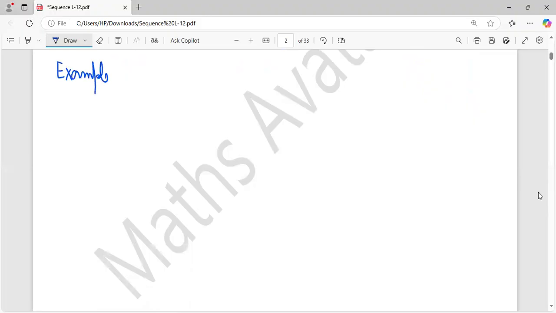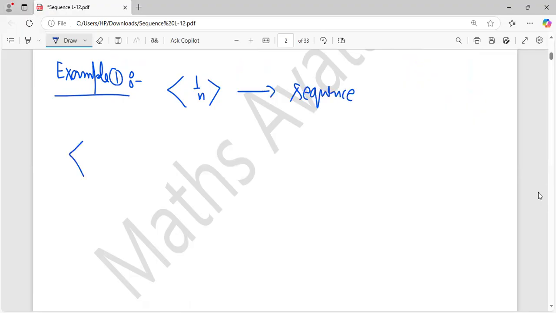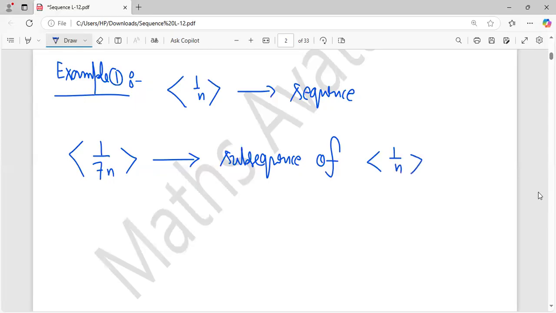Example 1. I am taking this sequence. If I take 1 upon 7n, then you see that this is a subsequence of this sequence. If I take 5n plus 1, this is also a subsequence of this sequence.